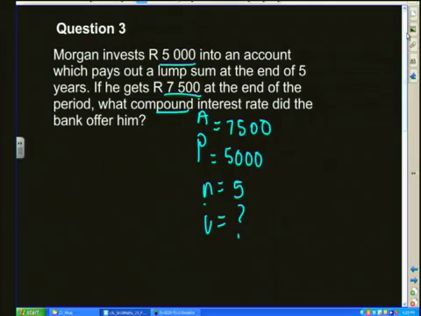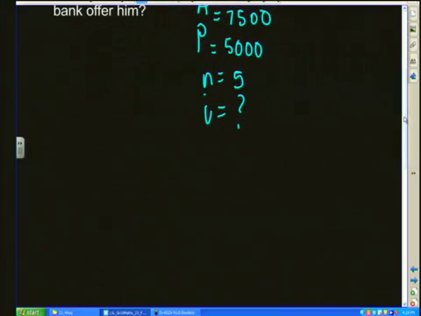We're dealing with compound interest. Therefore, we need to use the compound interest formula. That implies that your interest is worked out on your original amount and any accumulated interest. The formula is A is equal to P times 1 plus I to the power of N. All right. Once again, we're going to fill in the values that we know, and we're going to strip it away to look for I. Okay.